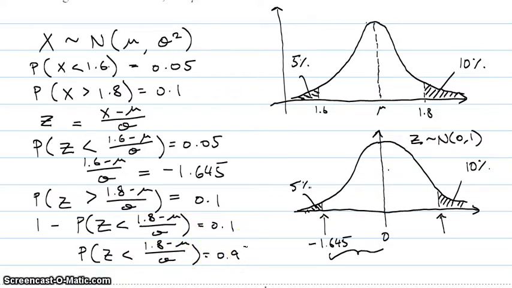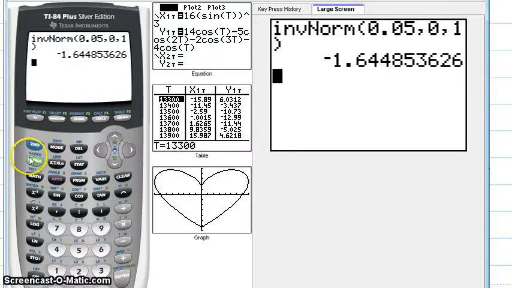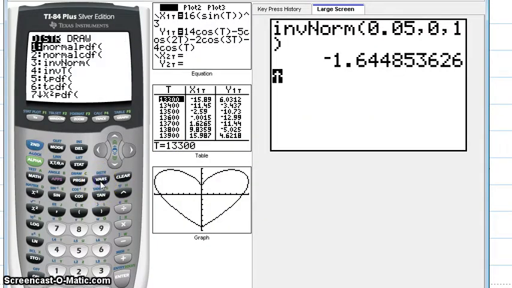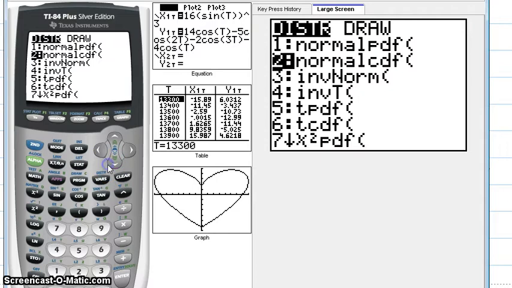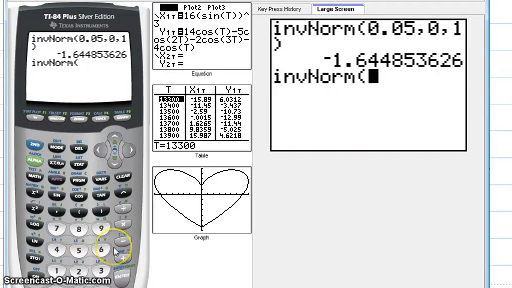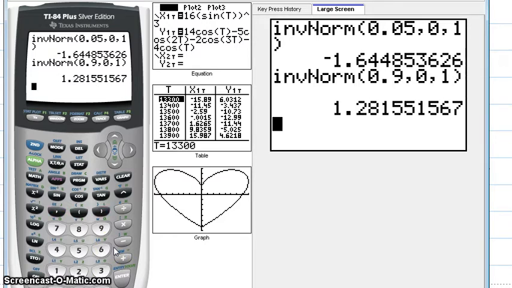So again, I can key this into my GC, which I'm going to do. Inverse normal, and my area is 0.9. My mean is 0, my standard deviation 1. And what do I get? I get 1.282.